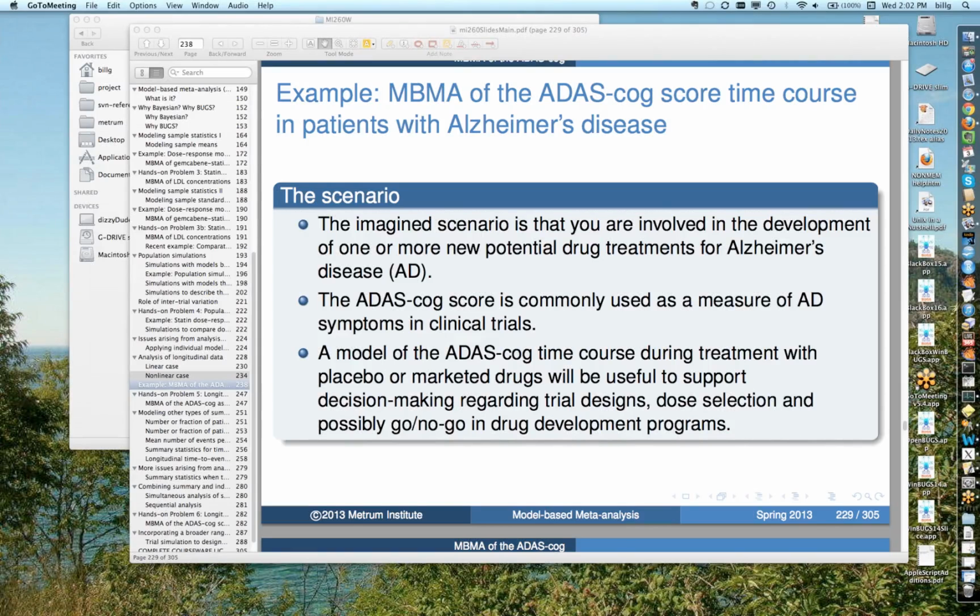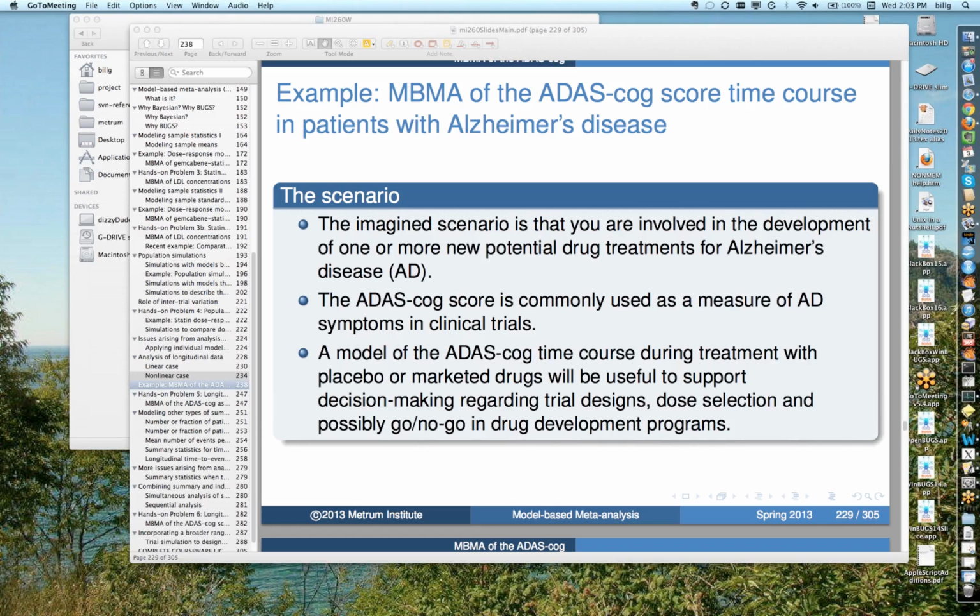Okay, so you probably saw the email I sent out indicating the topics I was hoping to cover today. I suspect this is not going to be a full 2 hours today, because, as I indicated there, I'm going to start out by doing some simulations using the model that we constructed for ADAS-COG, so I can illustrate doing simulations when you use the approach we discussed for dealing with longitudinal data.